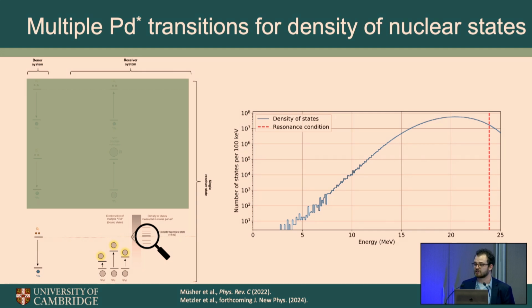And we made use of tin-120 nuclear excitation data because the M2 excited states for palladium have not been calculated yet, and tin-120 seems good enough. And so you can see that we can get a pretty good nuclear density of states at the 23.85 transition quanta that we want to transfer to the palladium system.